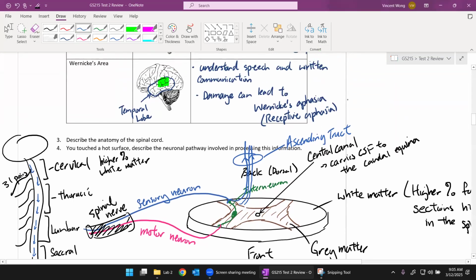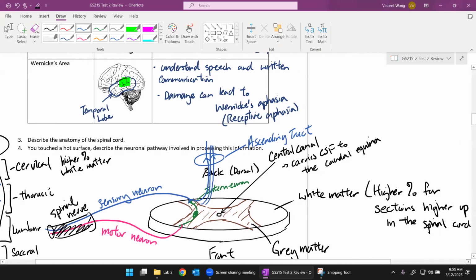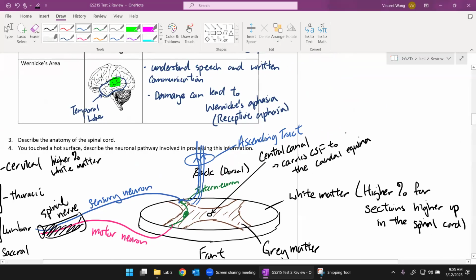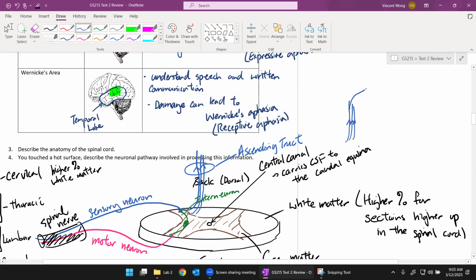So where does it go? My diagram is kind of breaking off here, so I'm just going to continue here. They're going to keep on going up, ascending track, and then eventually they will cross the middle at the medulla oblongata.